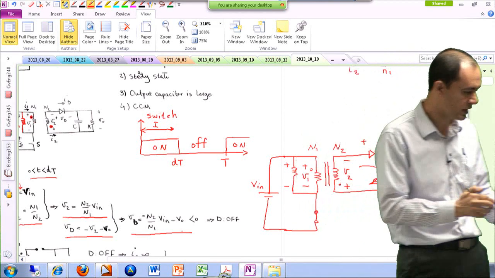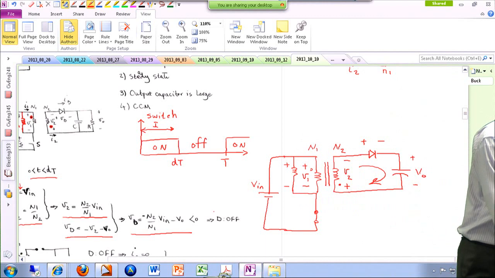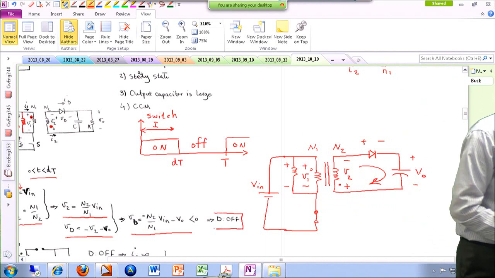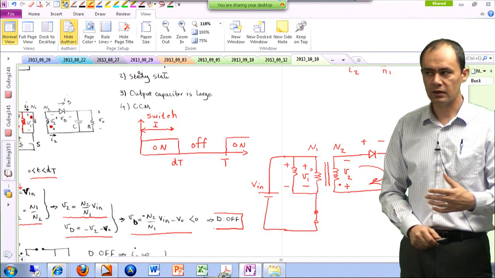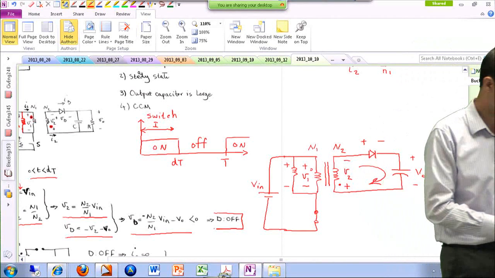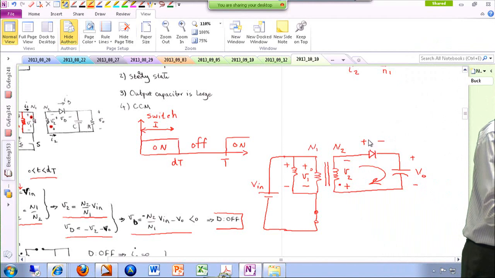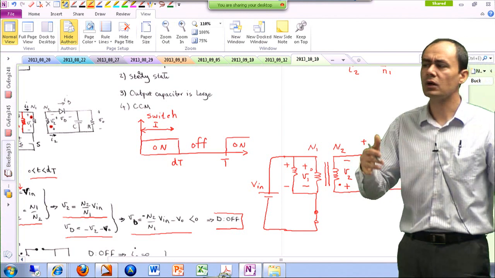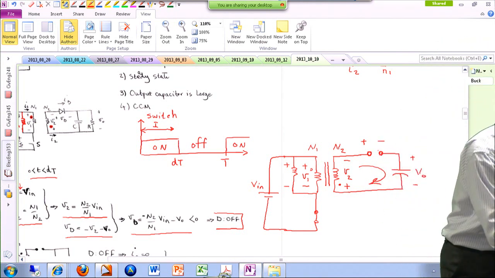So you can argue that by turning the switch on, a negative voltage is applied across this diode. Therefore, the diode is off. No surprises. Similar to before, as soon as you turn the switch on, your diode is reverse biased and off.